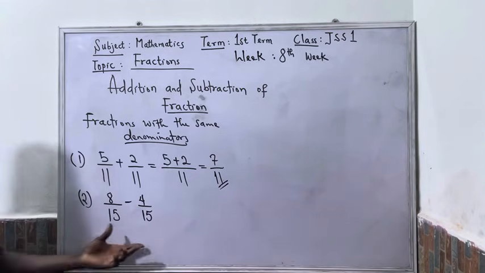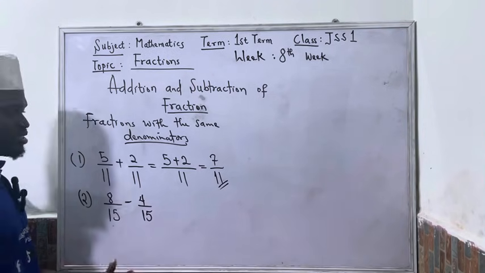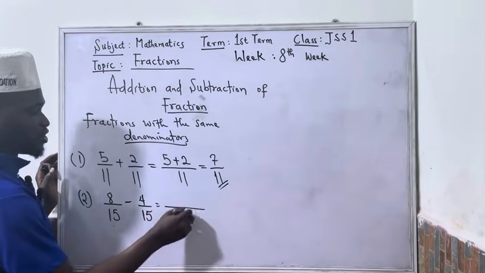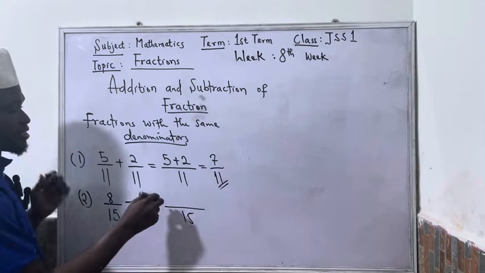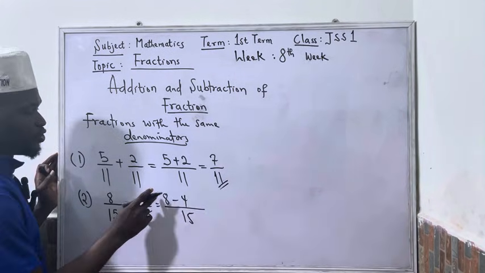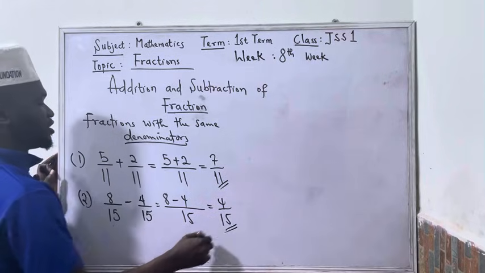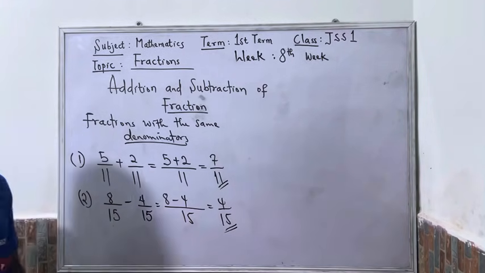So here we have the same denominators. Since they have the same denominators, I will just give them only one single denominator out of the two. Then I will subtract directly. That's 8 minus 4. What is 8 minus 4? That will give me 4 over 15. You can see how easy this can be most times.